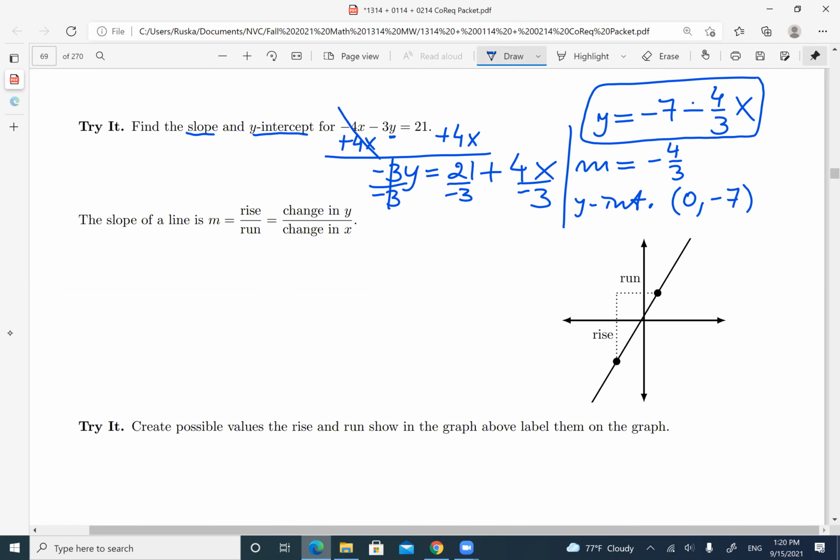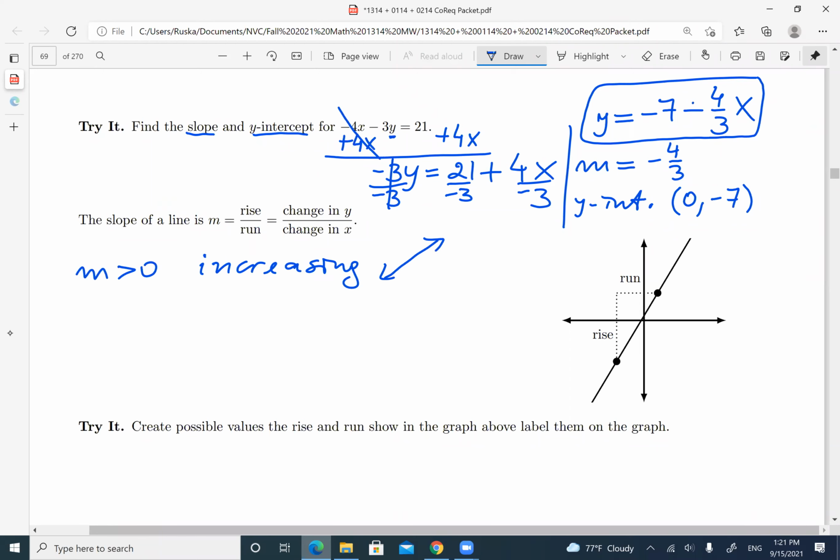And now if the slope is a positive number, that means you have an increasing line. Increasing line means going left to right, you're going up like this. The one you have in the graph here is increasing also.